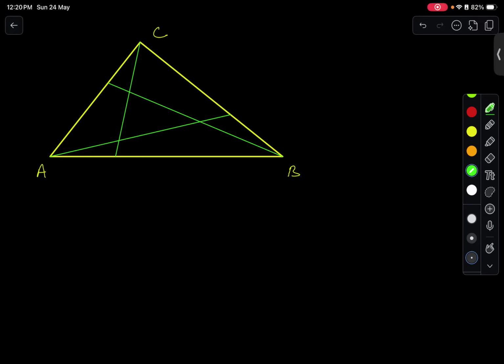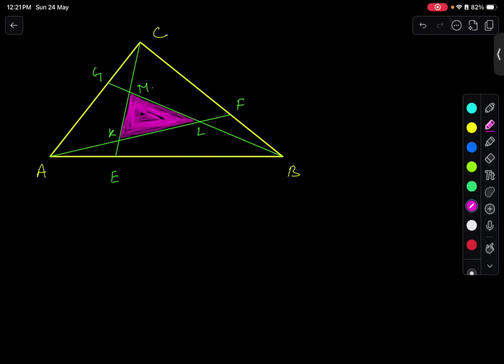Okay, E, F, G, K, L, M. Okay, now you all know what we are going to do. If the area of triangle ABC is given, just we have to attack on this KLM.